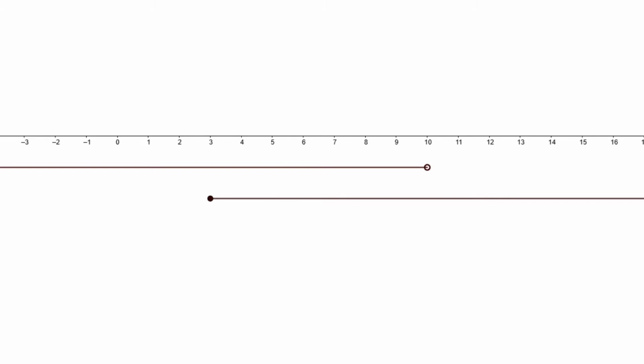In this question, we want all of the values which satisfy both of these inequalities. We can visualize that by looking at this red line, which is where the previous two lines overlap, where they are both true at the same time. So this diagram helps us to see that the values we want are all values greater than or equal to 3 and less than, but not including, 10.